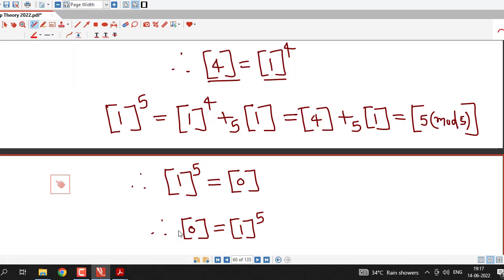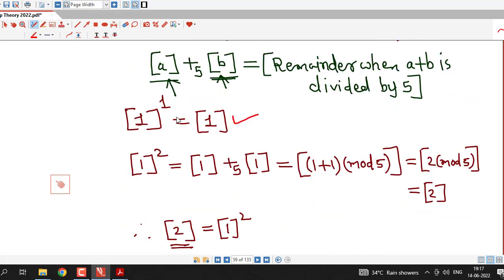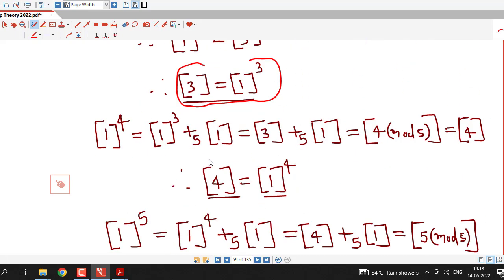So therefore we can observe that every element of the given set can be written as some power of this fixed element 1. 0 is written as 1 raised to 5, 1 is written as 1 raised to 1, 2 is written as 1 raised to 2, 3 is written as 1 raised to 3, and 4 is written as 1 raised to 4.